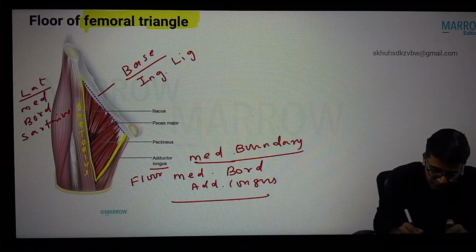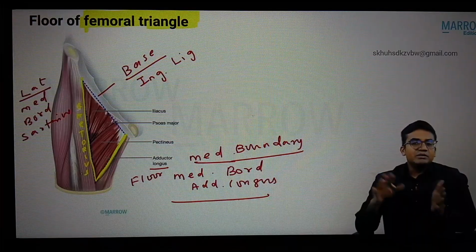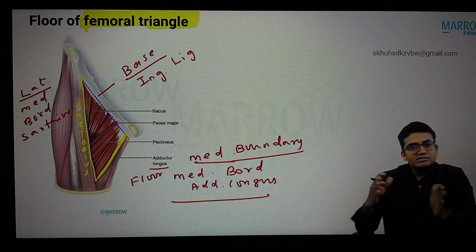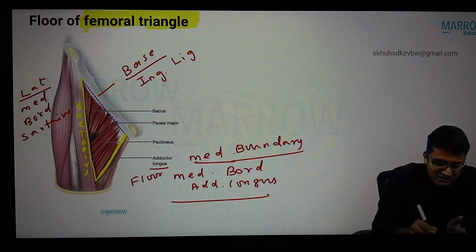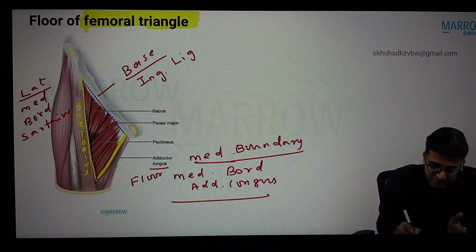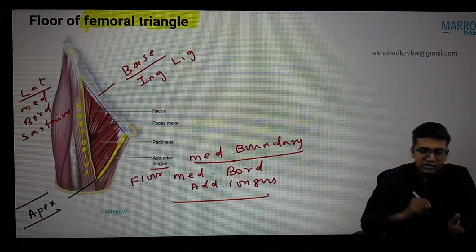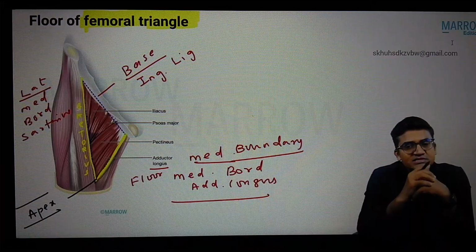Yes, these are the boundaries of the femoral triangle. So, medially by medial border of adductor longus muscle, laterally by medial border of sartorius muscle, and the base is formed by the inguinal ligament, and this is the apex point. The apex point is the meeting point of the two muscles, sartorius and adductor longus muscle.